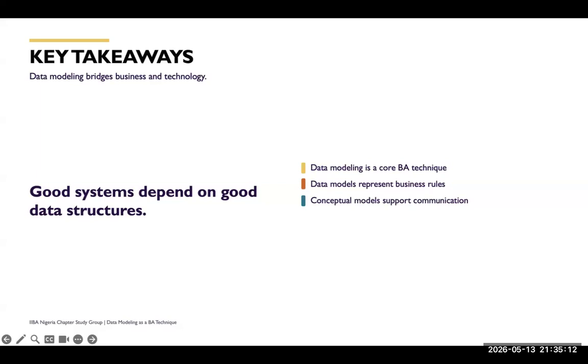Preferably you would use a conceptual model to get initial stakeholder alignment, to ensure there's a shared understanding. A logical model supports analysis and design, getting down a step from the what to the how, looking at the relationships, the attributes, the optionality, cardinality, and all of that. And data modeling also improves shared understanding.